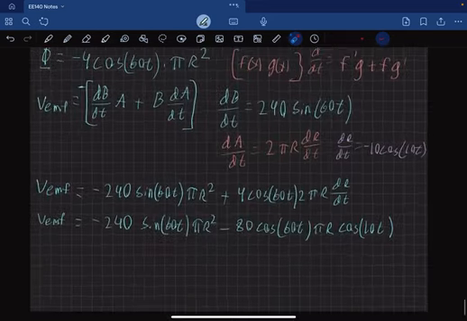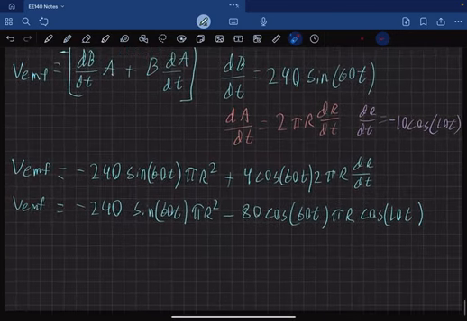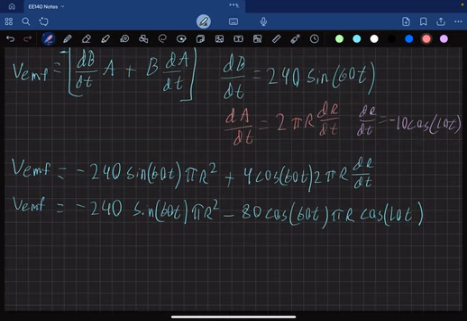Now, how do we do this? We want to look at this equation, and we can effectively plug in t equals 0 to check the behavior. We have a sine here, and sine 0 is 0. That will cancel out this portion of the function. Then we have two cosine portions on the right side.